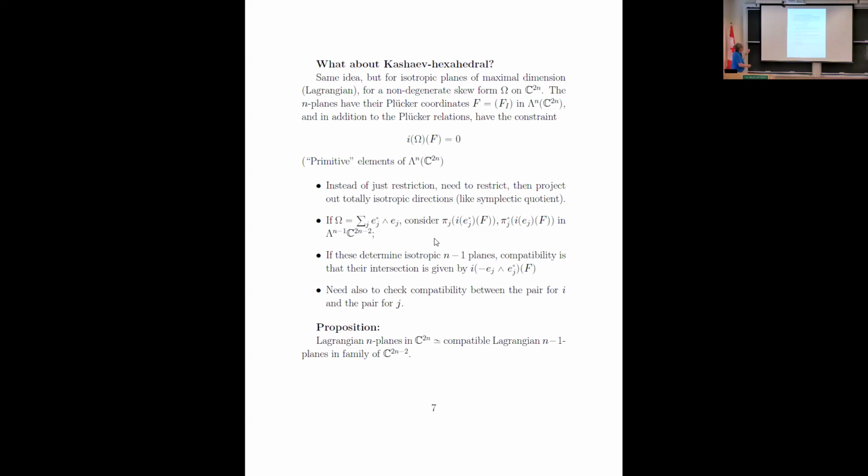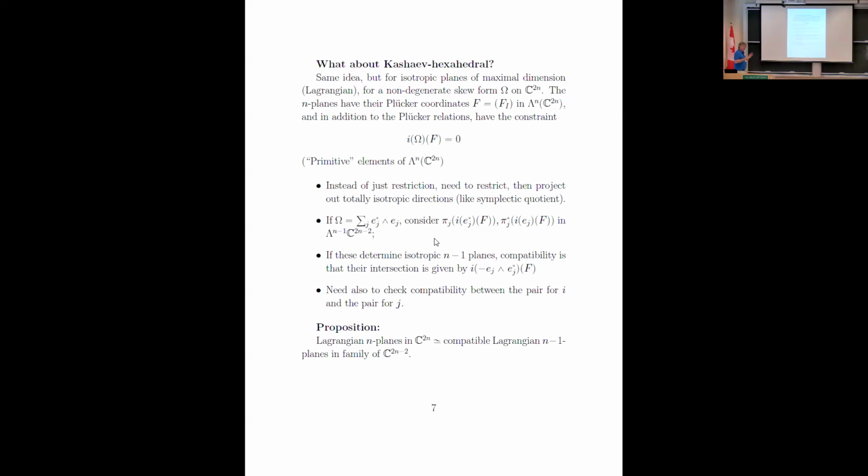And then in addition to the Plücker relations, you have this constraint that the contraction with the skew form is 0. And so these are the sort of primitive elements of wedge n of C^2n.